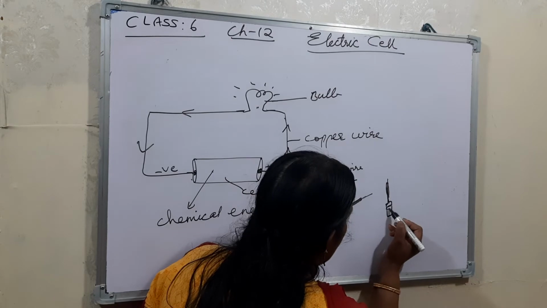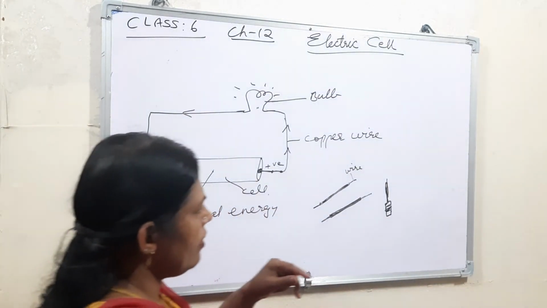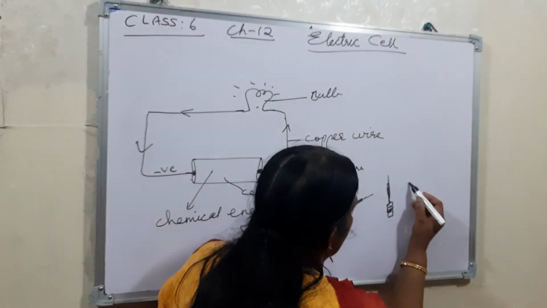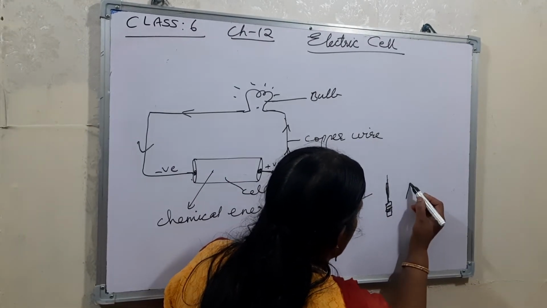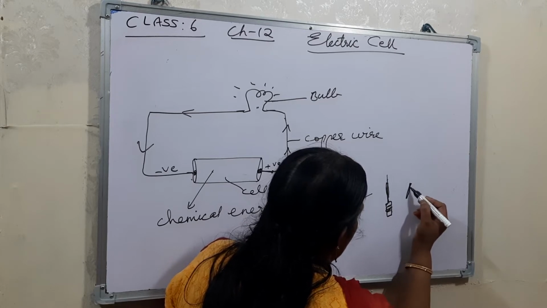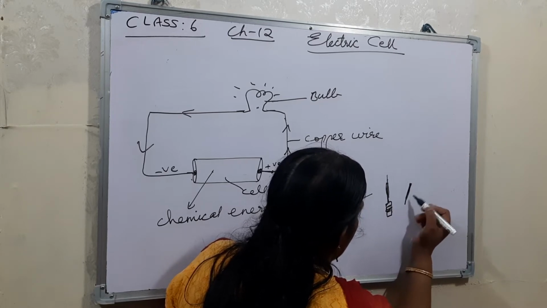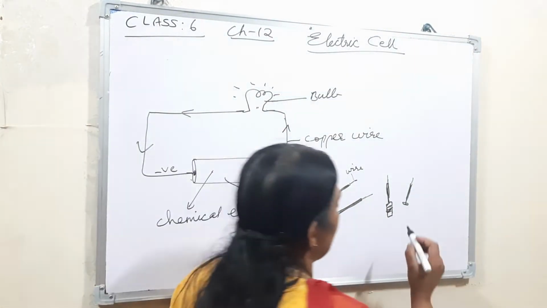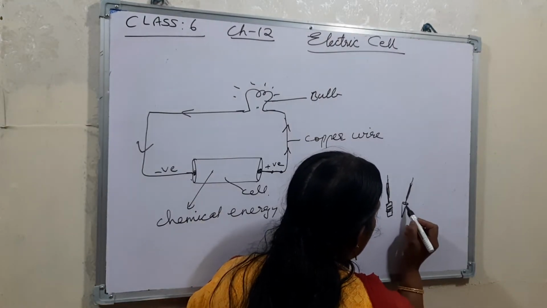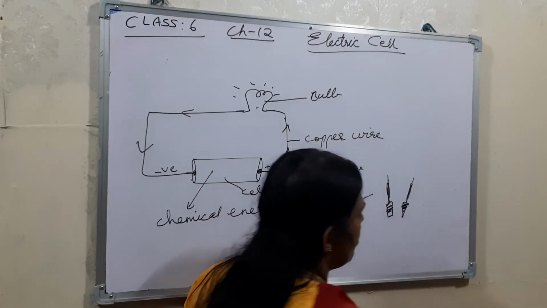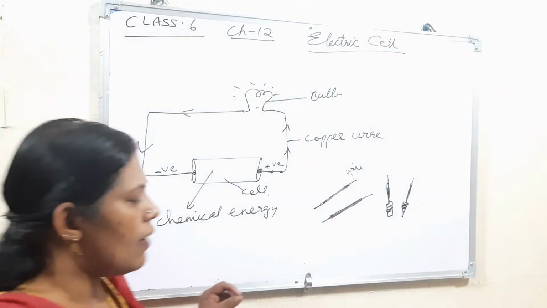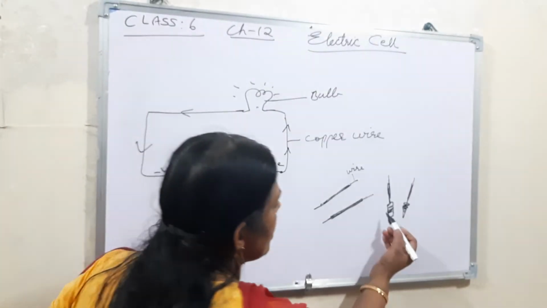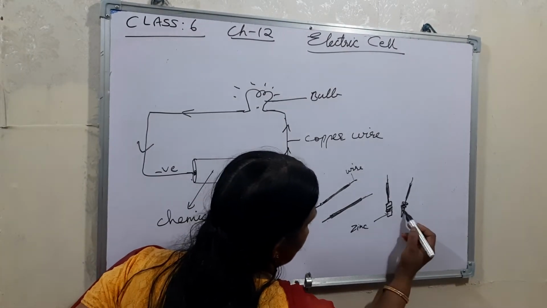In this you have to tie it properly, and then the other edge becomes free. The same way, take another copper wire, and one edge you have to connect with a copper nail. Tightly coil this. Then both of the other edges are free, and these two edges are coiled. This is the zinc strip, and this is the copper nail.